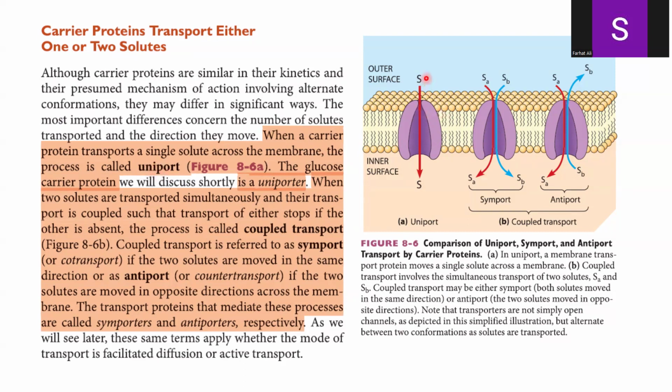This is diagrammatically represented here in figure A. So you see S represents the solute molecule. The solute molecule binds to the transport protein, and then it is transferred to the interior of the cell. So this is an example of a uniport process. So the transporter is called a uniporter.